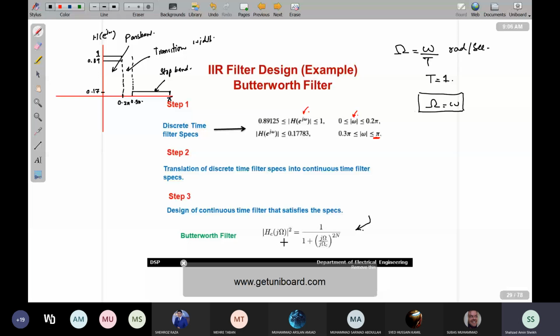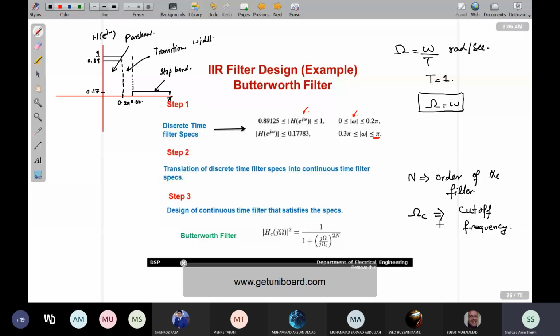यहाँ पे आपको दो चीजें नजर आ रही हैं इस magnitude square function में. One is omega c and the second one is n. Now n is the order of the filter, and omega c is the cutoff frequency.